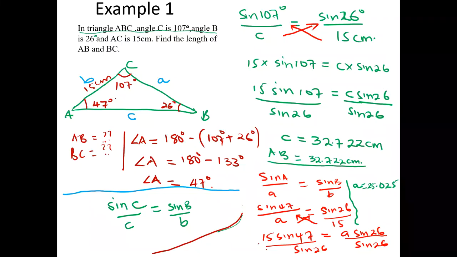But remember, A has been BC. So here I conclude by saying that BC is equal to 25.025 centimeters. Also include the units.